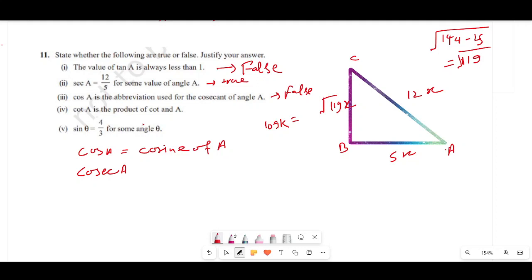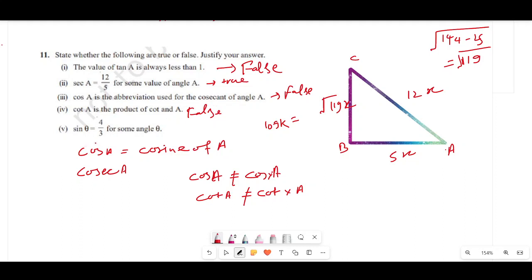Now cot A is the product of cot and A. No, we have been given information. If it is cos A, we cannot write cos into A. So in the same way, for cot A, we cannot write cot into A. This is not equal, so the given statement is false. Clear? The given point is false.